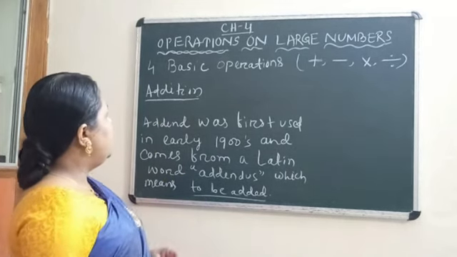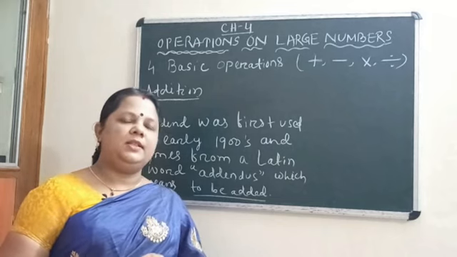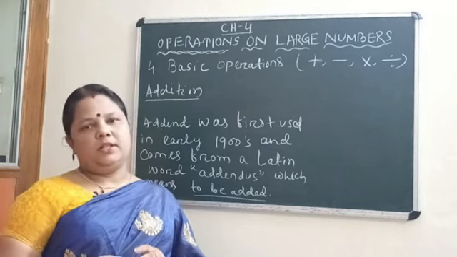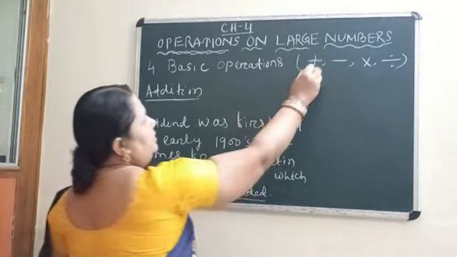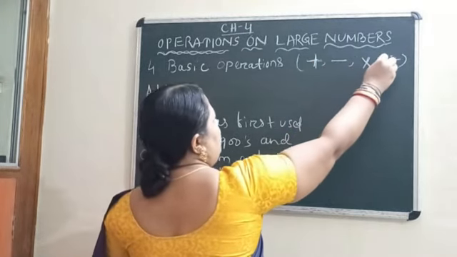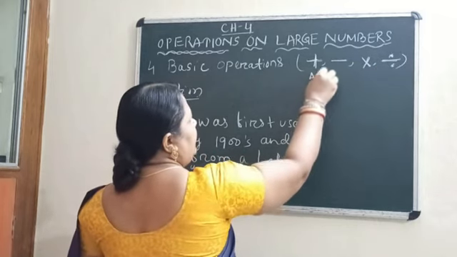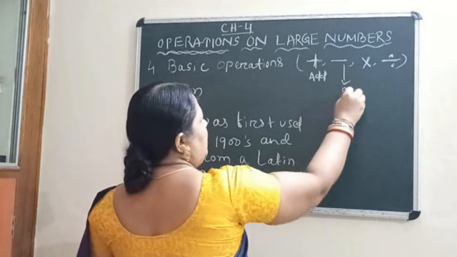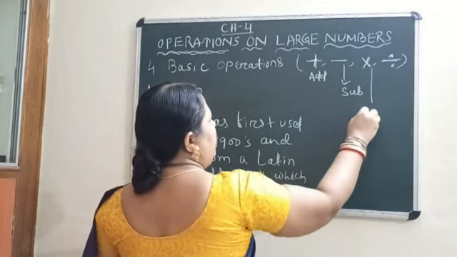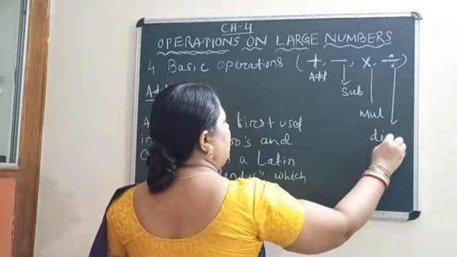Okay, I have written here 4 basic operations. We are very familiar with these 4 basic operations, that is, I have written here the symbols plus, minus, into, divide. That means this is addition, this is subtraction, this is multiplication, and this is for division.